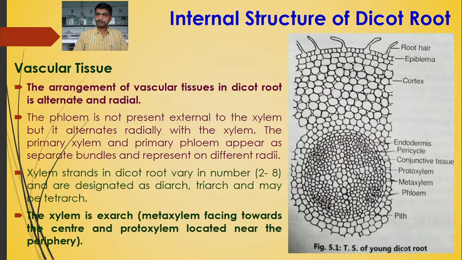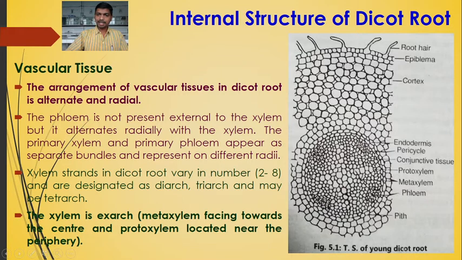This is the alternate vascular bundle, where the xylem and phloem are arranged radially on alternate radii. They are arranged alternately on different radii. Suppose here is the xylem, then phloem, xylem, phloem, xylem, phloem.